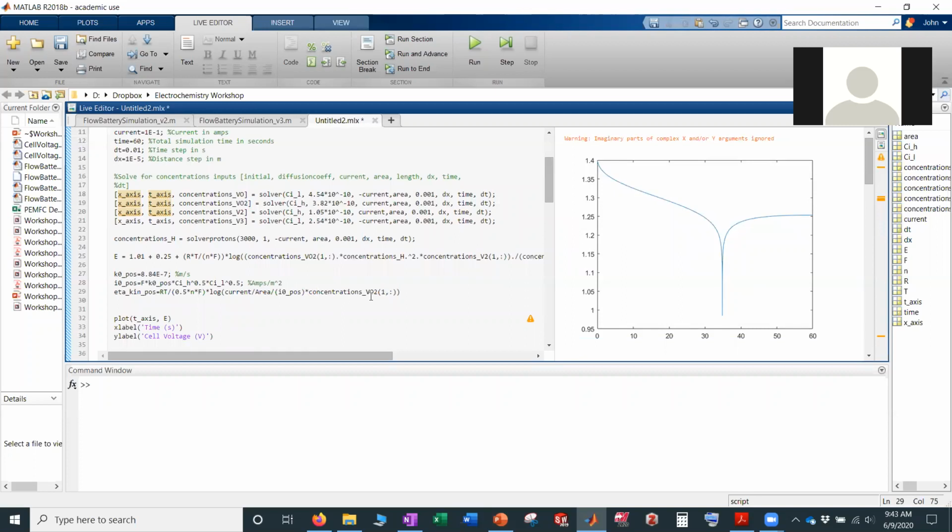And we'll see if this will be able to handle this vector notation. And this is going to be divided by CI high, the initial high concentration.